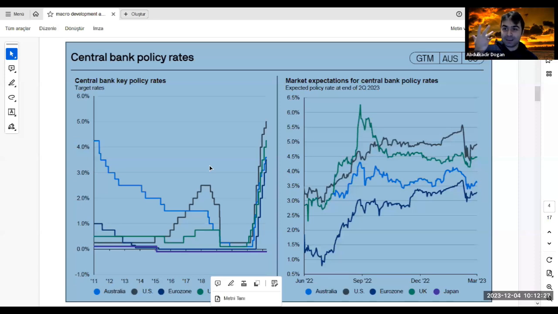So let's think about this. If you are trying to buy a house or car from the market, before the COVID period, when you go for a mortgage loan or a vehicle loan, the bank is offering you, let's say, a 5% interest rate.